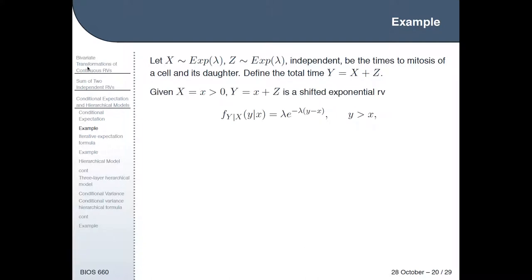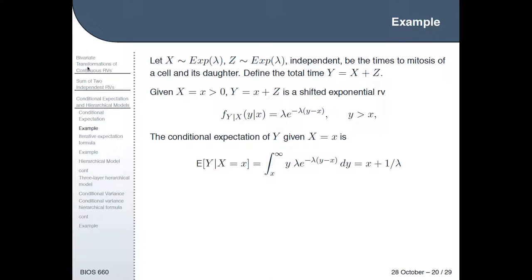So given the value of x greater than 0, the distribution of y, the sum of the two, is just a shifted exponential random variable with PDF lambda times e to the minus lambda (y minus x), where y is obviously greater than x.